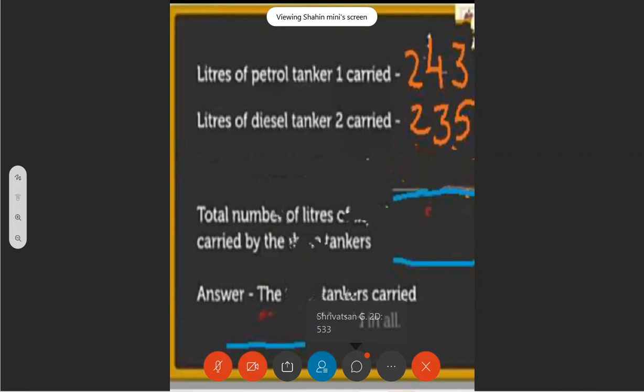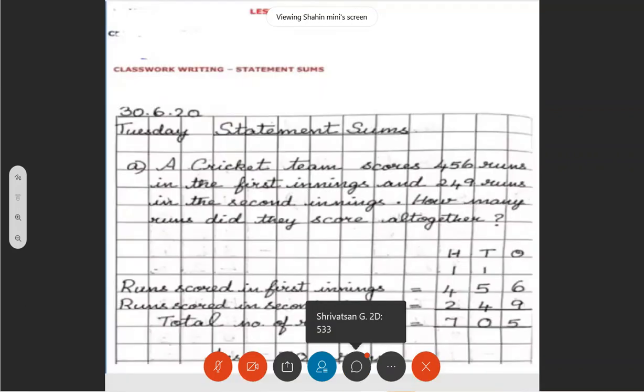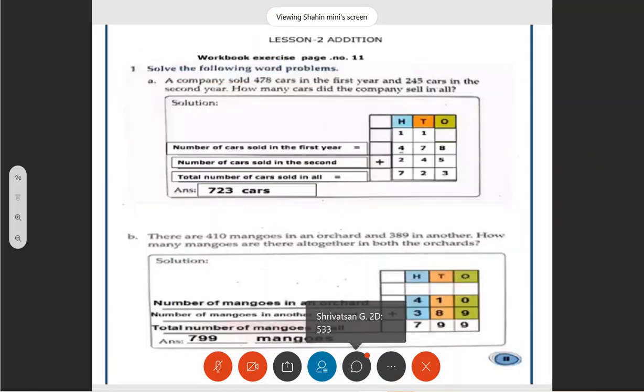So, the same way you have to do the different sums in your classwork and workbook. Now, the sums are going to be explained to you by Dubni ma'am.